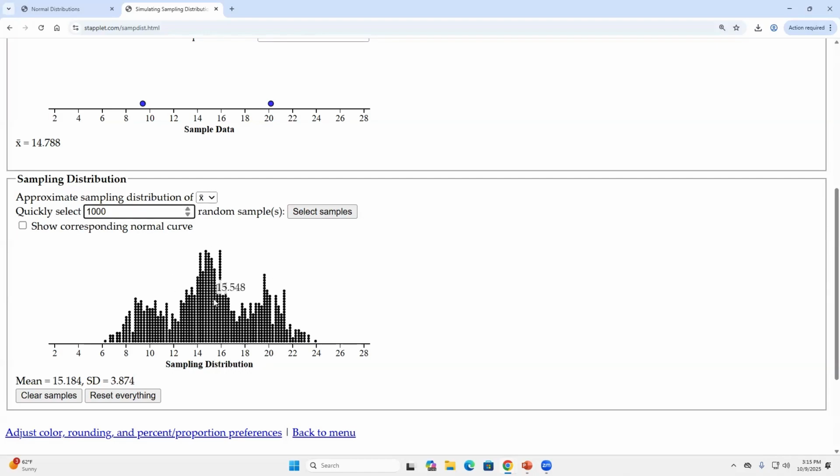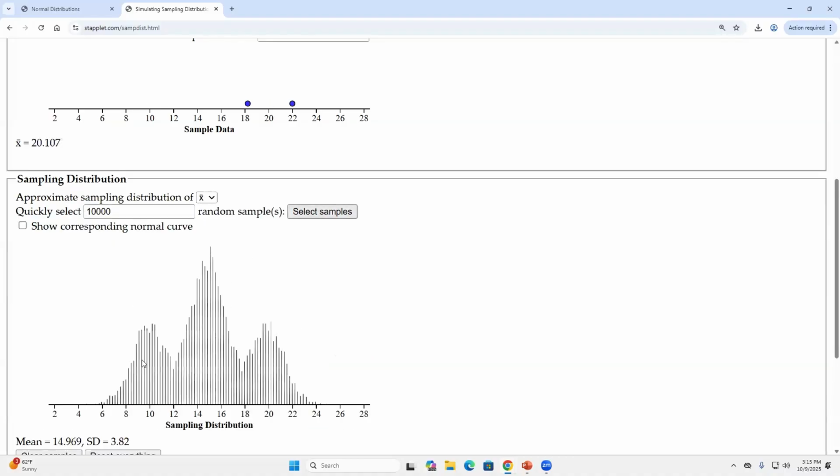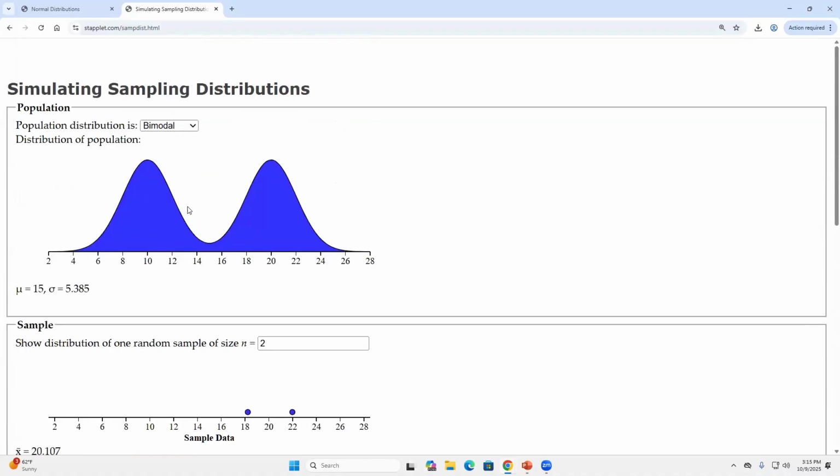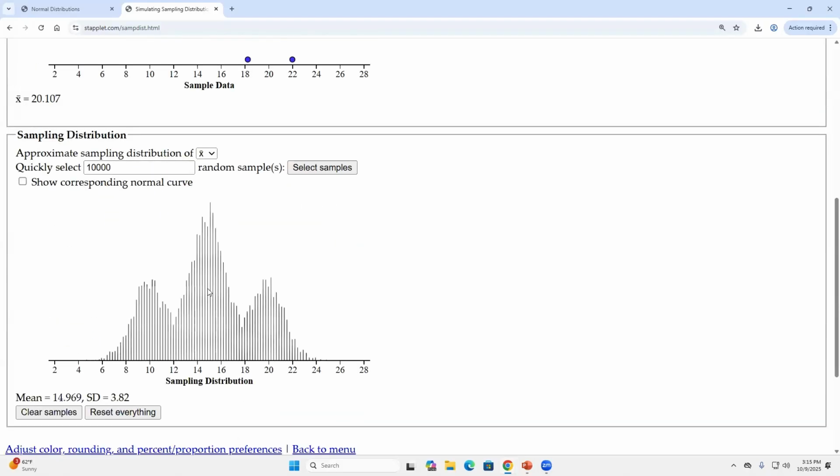So if we add a few more, let's go to 10,000. You can see it's kind of, I don't understand why this would happen. We're taking samples from a bimodal distribution, and somehow the part of the population that is one of the least represented parts, that low dip in that distribution, is actually one of the most represented parts in the distribution of sampling means.